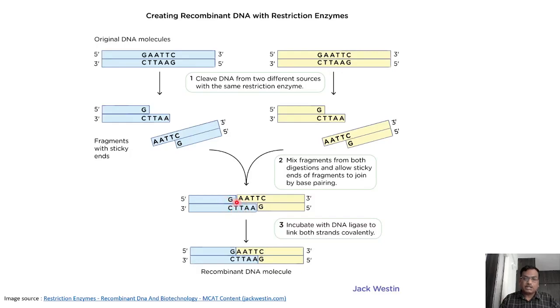And in the next step, these DNA fragments have to be fused. So it is called ligation, and the ligase enzyme is going to do that work, right? So here, with the use of ligase enzyme, now I have a DNA fragment which is part of both the DNA. So this is actually a mixture of two different DNAs, a combination of two different DNA. Therefore, we call it a recombinant DNA molecule.